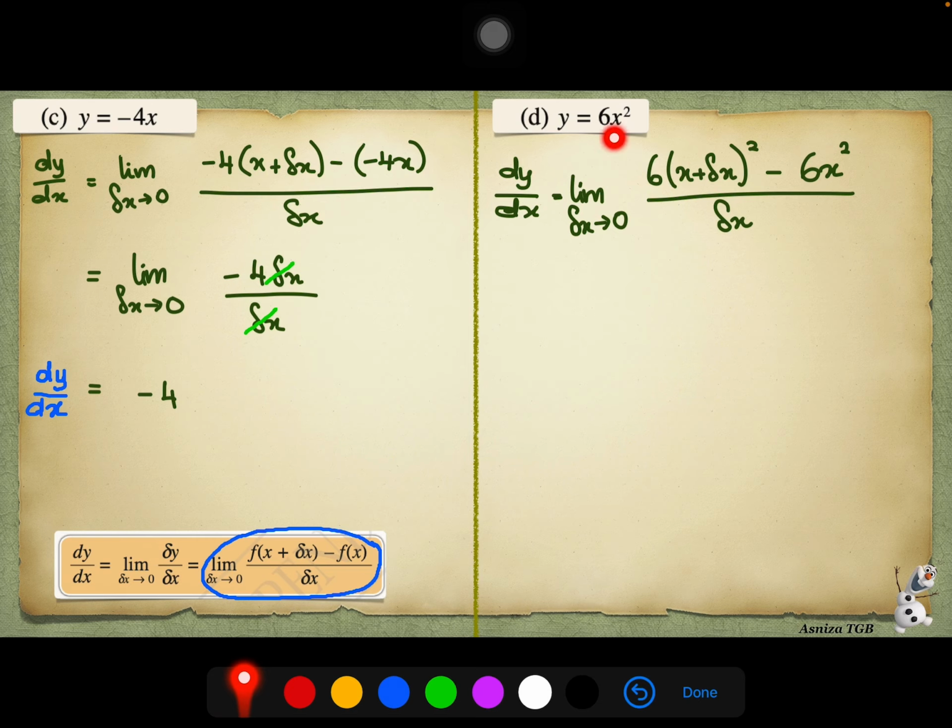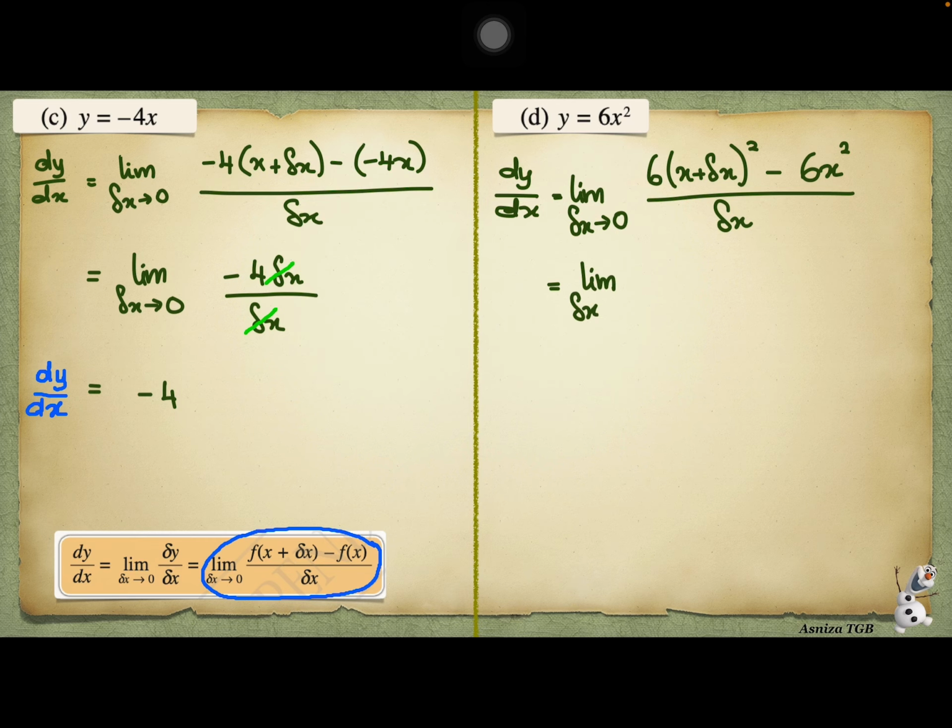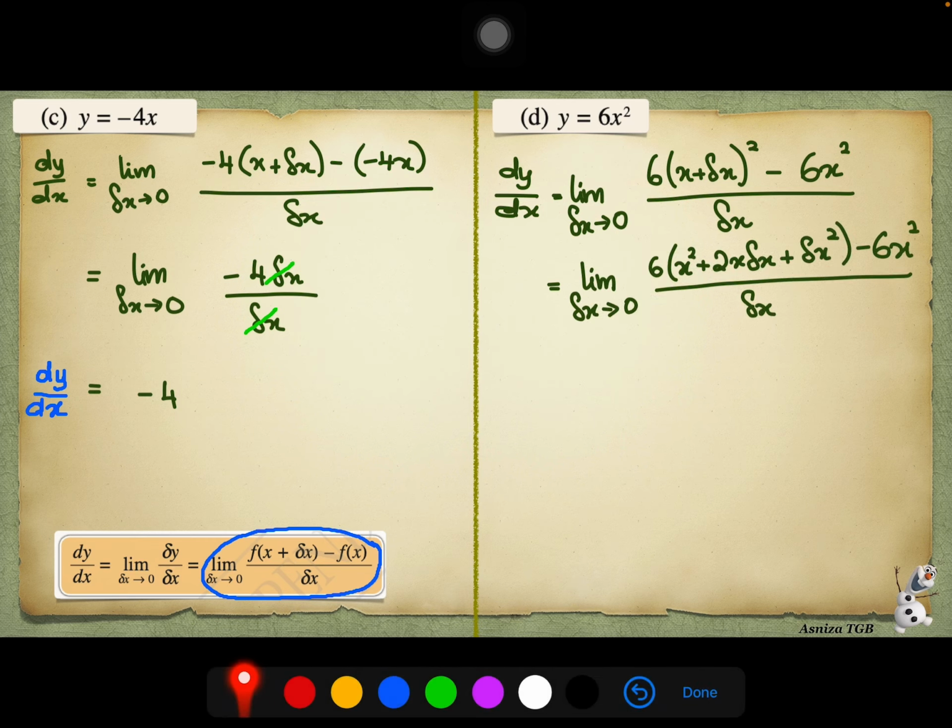Our f(x) is 6x squared, so it becomes 6 times (x plus delta x) squared, minus f(x) itself, that is 6x squared, and then we divide by delta x. Now let's simplify the function. We have the limit as delta x approaches 0. We need to expand the quadratic.